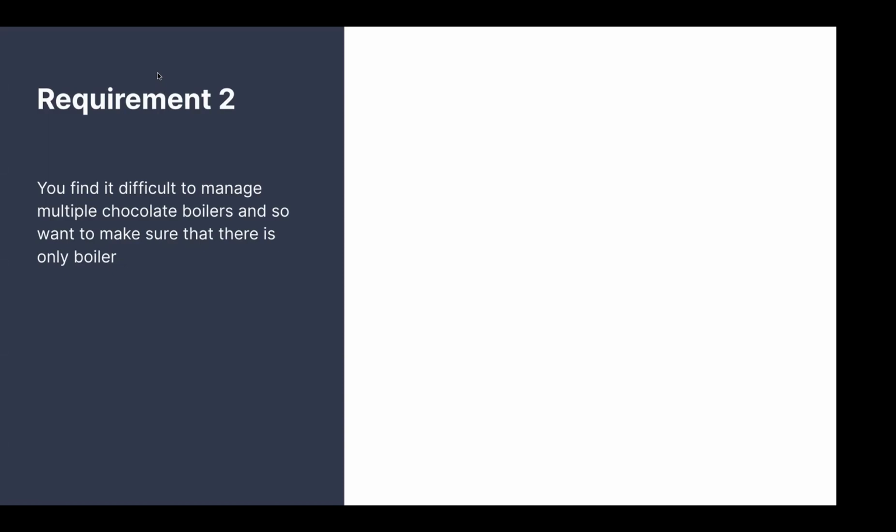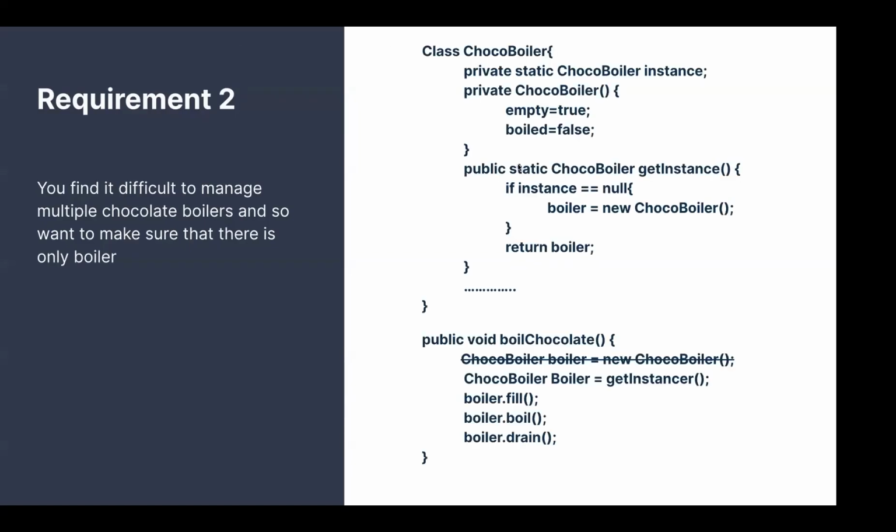And what we do in the singleton pattern is something like this. In the ChocoBoiler that we have, we make sure that there is an instance created of it.